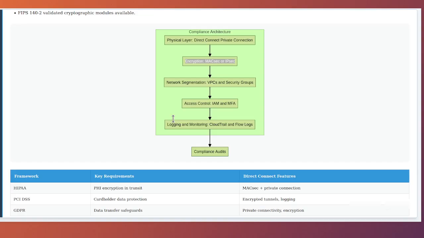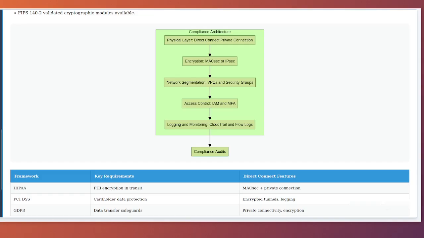Access controls using IAM policies and multi-factor authentication protect the management plane. At the top, logging and monitoring with CloudTrail, VPC flow logs, and CloudWatch provide the audit trails required by most compliance frameworks.